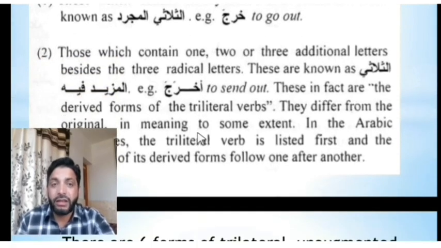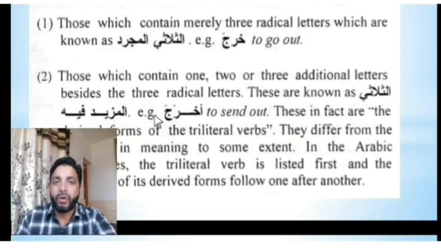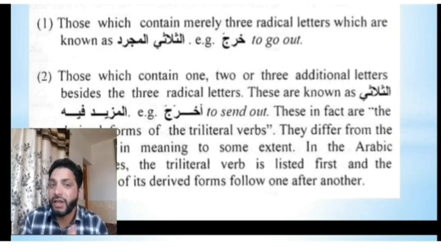As far as thulasi al-mazid fi is concerned, these are verbs where the basic letters are only three, but some additional letters are added to the thulasi mujarrad and it becomes mazid fi. So thulasi mazid fi, augmented verbs, are those which contain one or two additional letters besides the three radical letters.